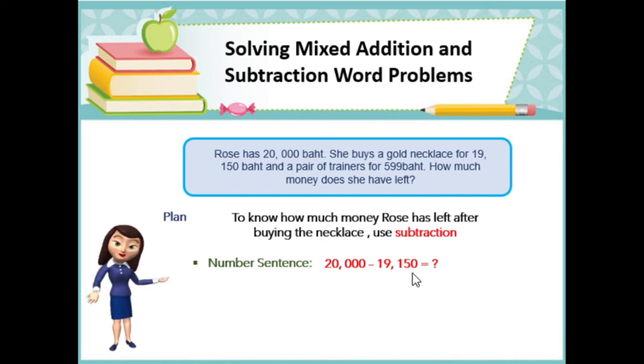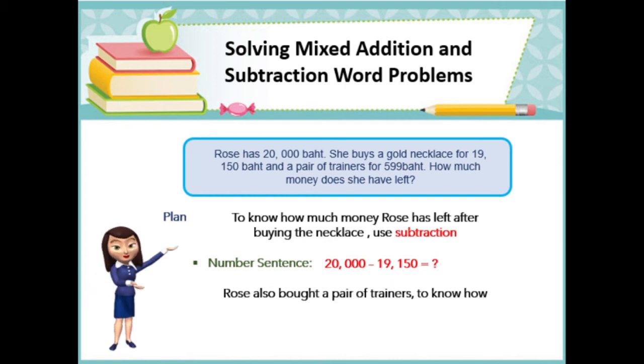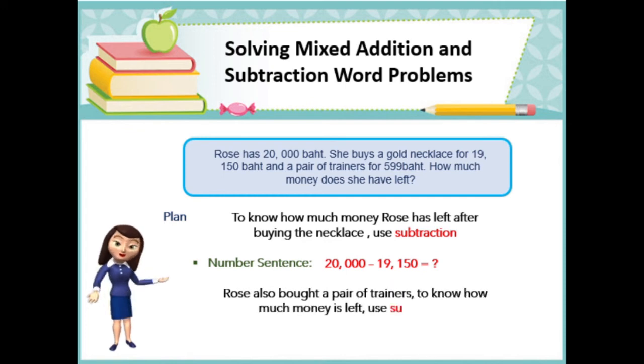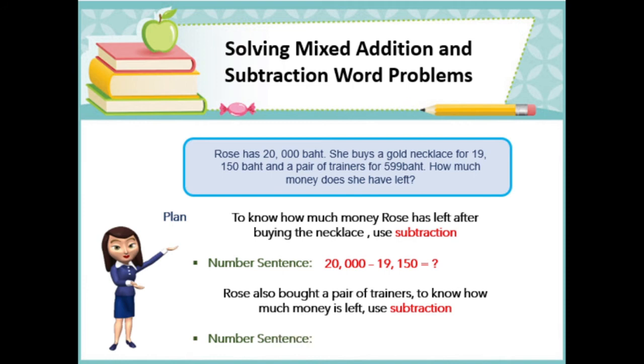But Rose also bought a pair of trainers, and the trainers cost 599 baht also. So to know how much money was left after buying the pair of trainers and the necklace, we can now use this number sentence.